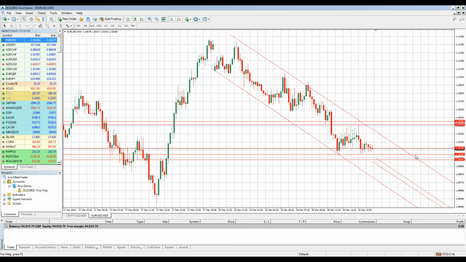I many times like to put my stop loss above 2 price levels. What I mean is if my sell stop gets in here, then I don't put my stop loss just above the support that was broken. I put it above the next one also. Sometimes it'll go down, hit your sell stop, spike up and then drop further, and it hits your stop loss if it's too close.